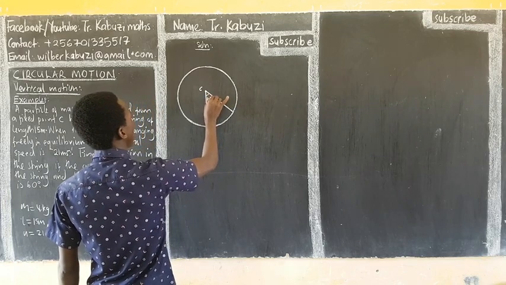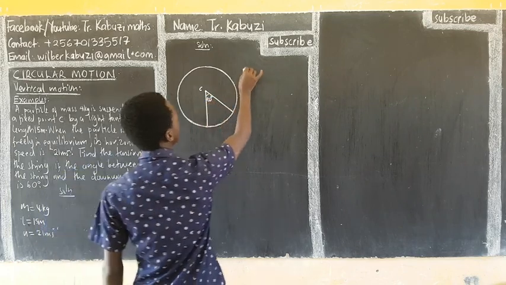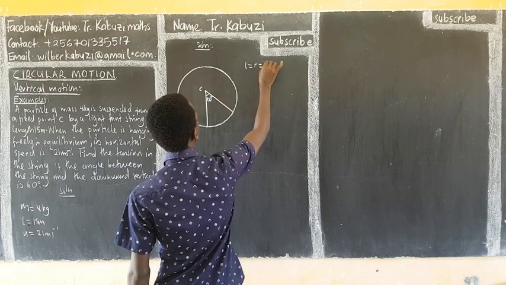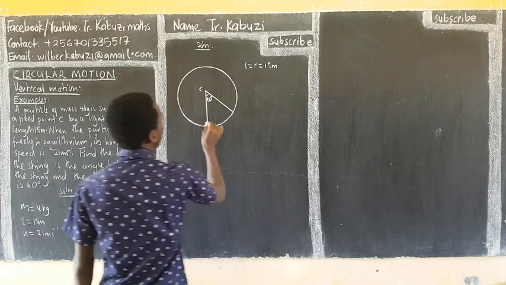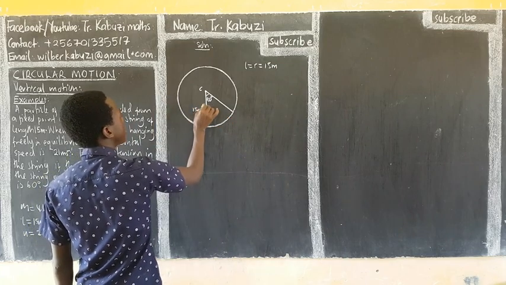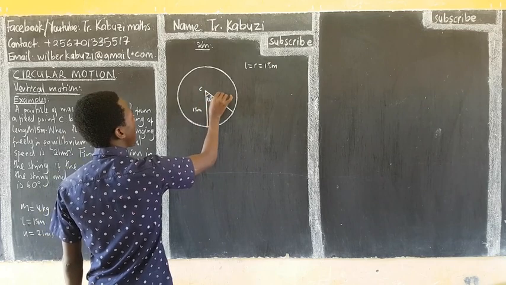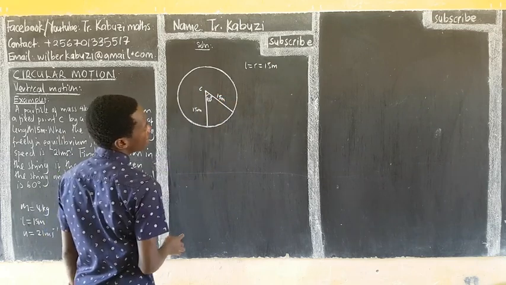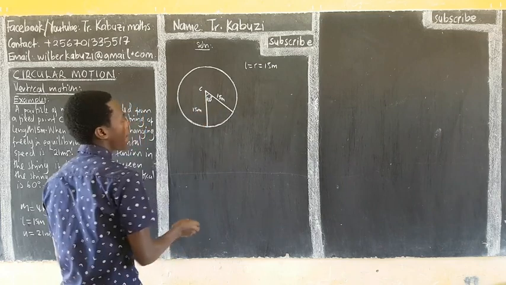Note that the length of the string is equal to the radius, which is 15 meters. So here I have 15 meters, and also here 15 meters, because from the center of the circumference, the radius is the same.